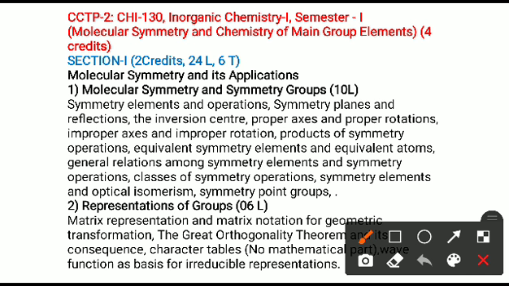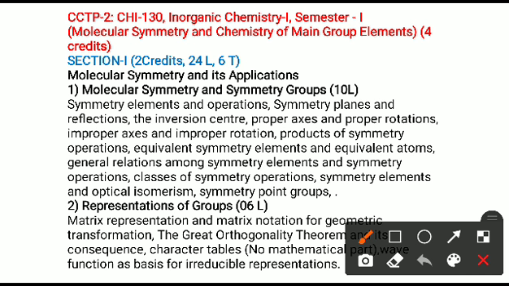The first section is a 2 credit course, that is molecular symmetry and its application. This course will be taught by Professor Sane B.V., and here I am just explaining the topics included in this section.